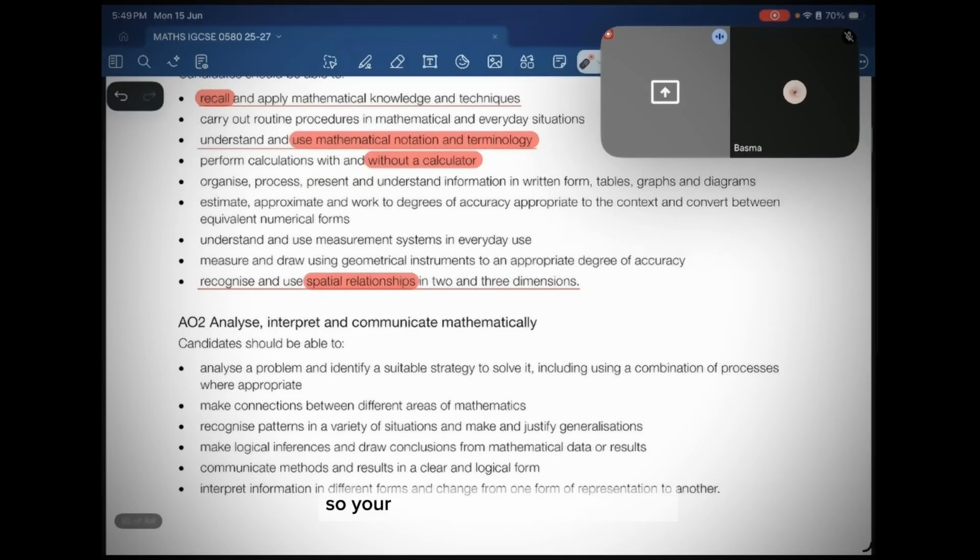Clear, Bisma? So your visualization and your ability to imagine matter, because on paper the examiner can only help you to a certain extent.